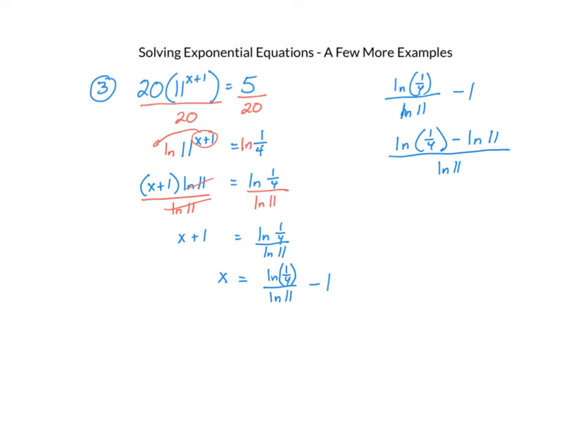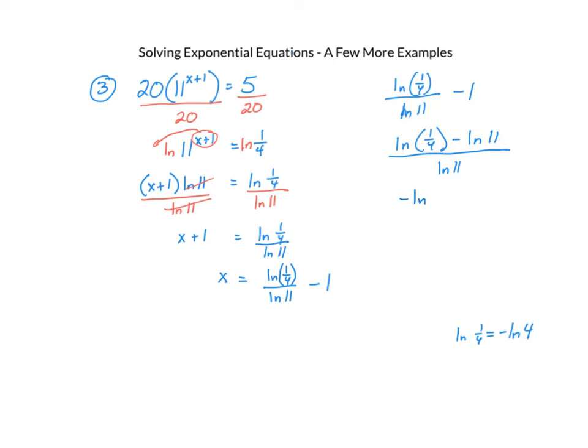Now we can do what we did in the previous problem. We have this natural log of 1/4. In the same way, I think we had the natural log of 1 over 21 in the last problem. And you can do the work and confirm that the natural log of 1/4 equals negative natural log of 4. So let's put that in instead.